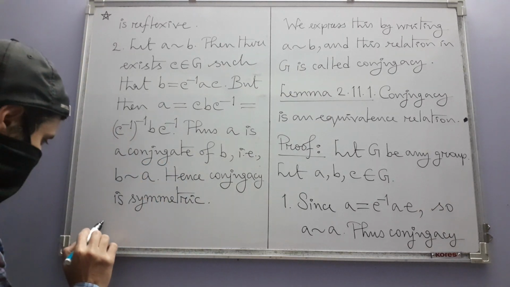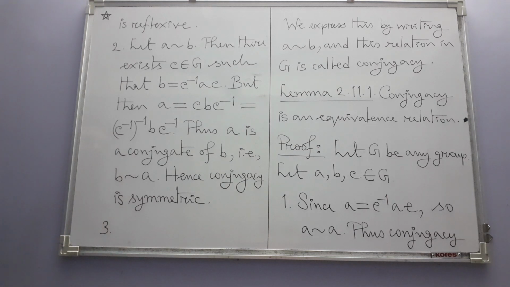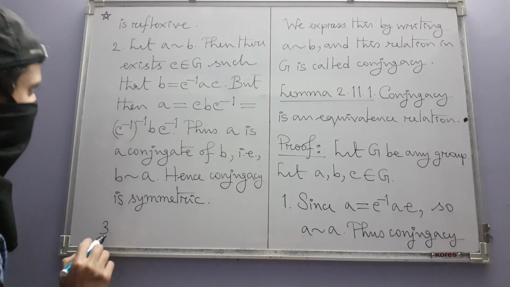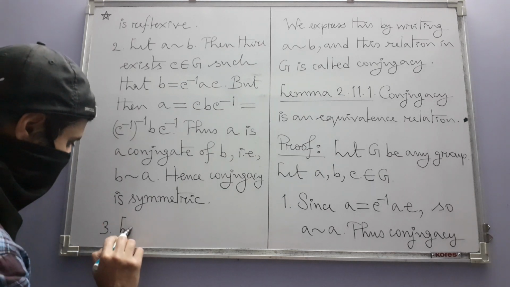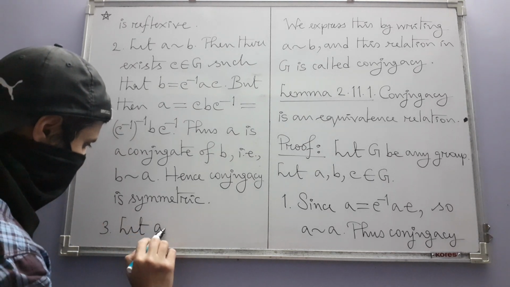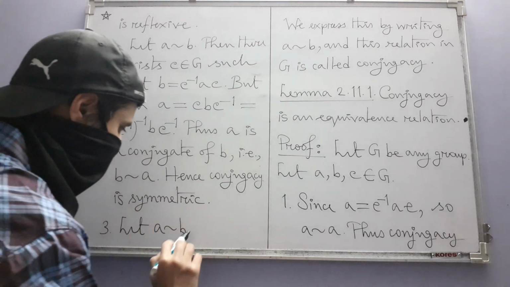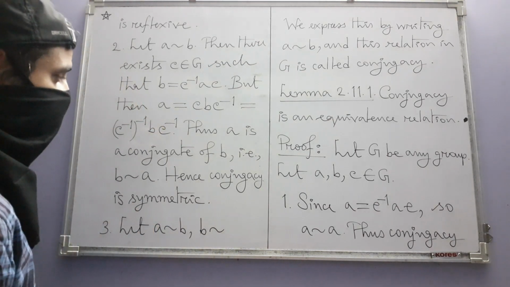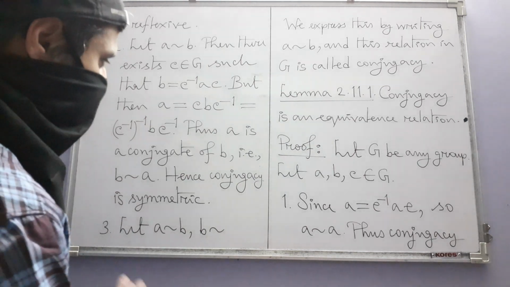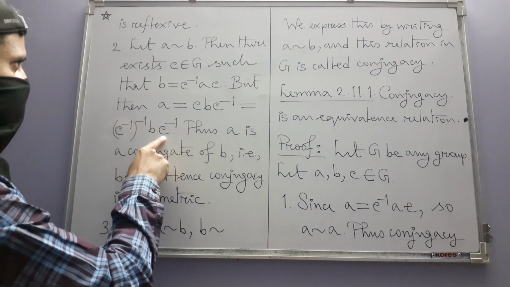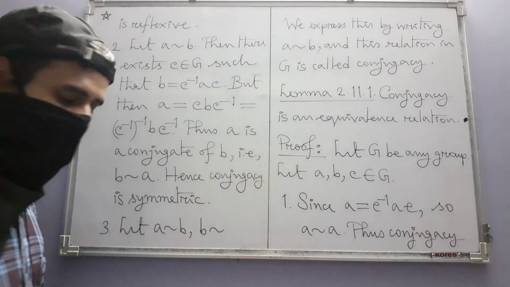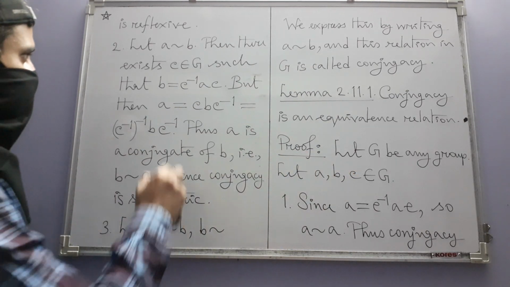And then the third one is transitivity. So for that, let A be related to B and B be related to C. See, I cannot take C here because I have already chosen C to be an element here.